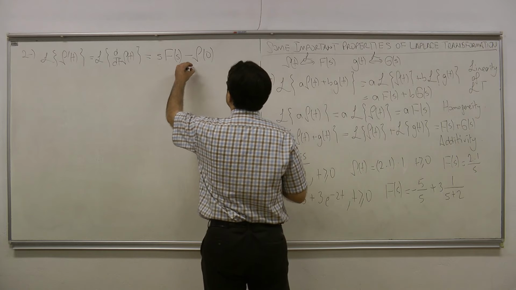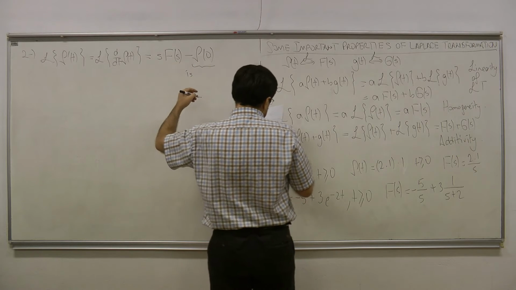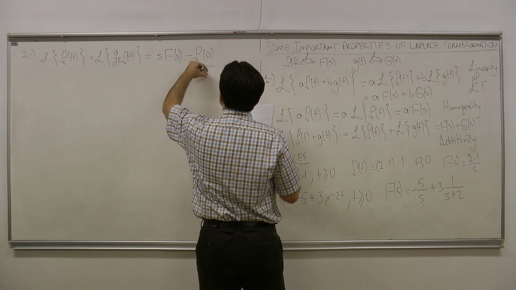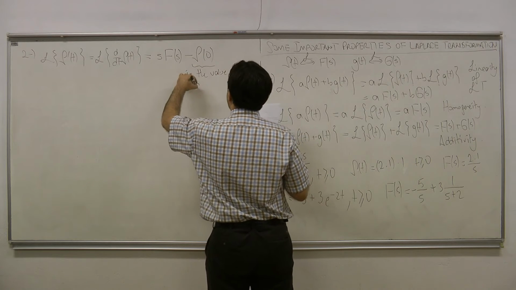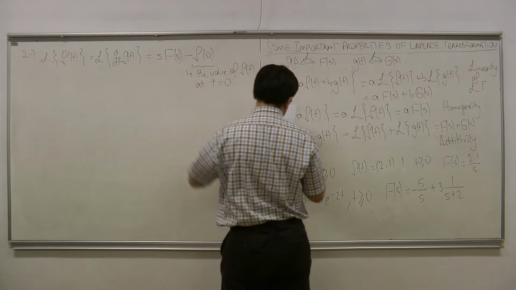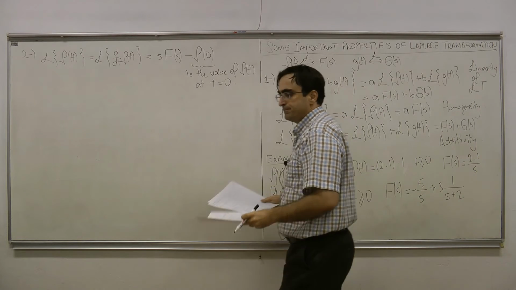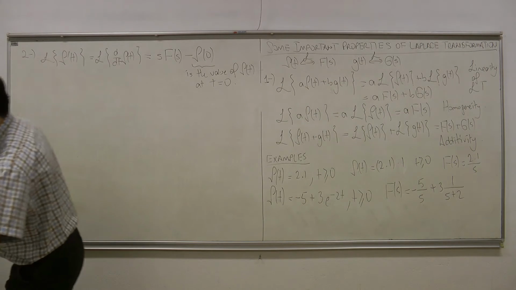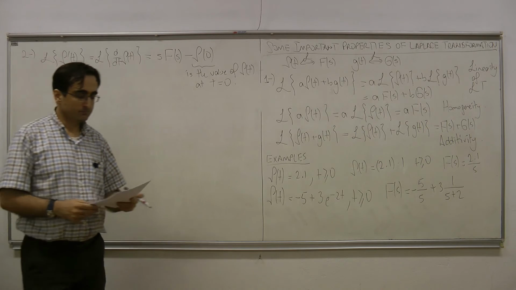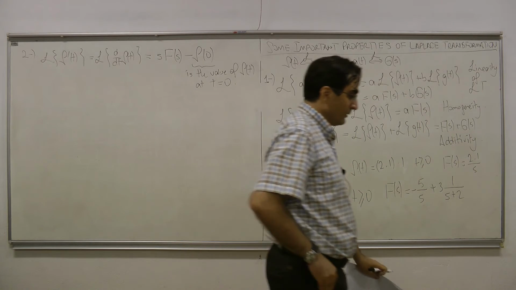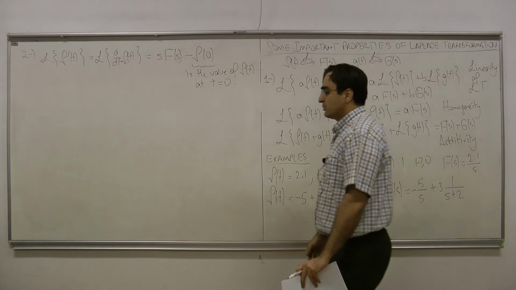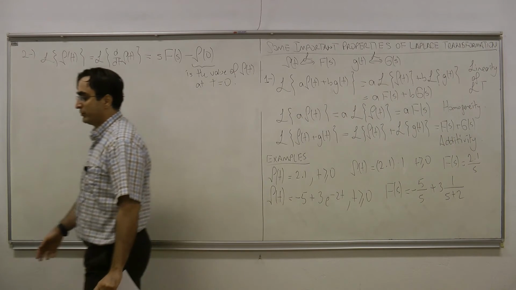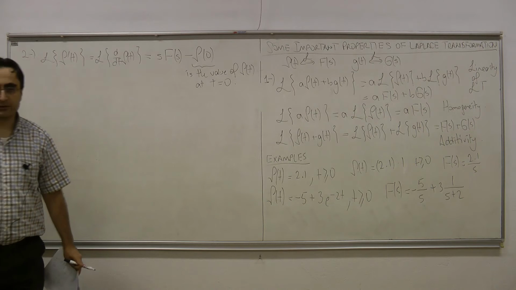So this f of 0 is the value of f of t at t equals 0. So this actually allows us to calculate Laplace transforms of more complicated functions.